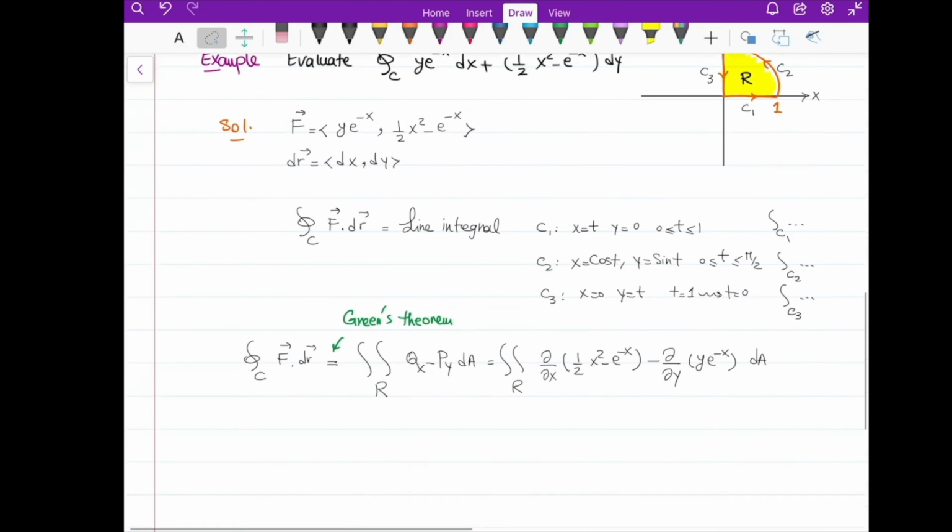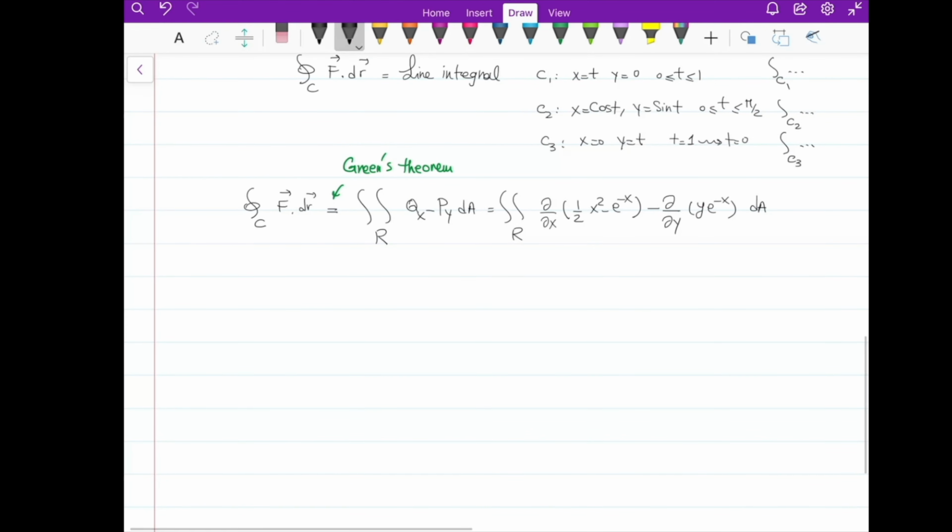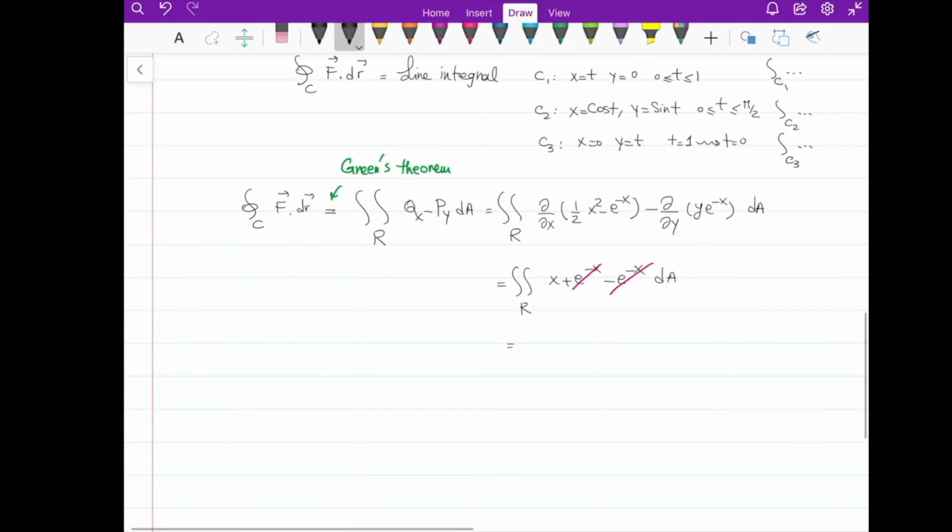Okay, so now let me calculate that. Double integral over R. Derivative of that with respect to x would be x plus e to the negative x, minus the derivative of this part with respect to y, which is e to the negative x, dA. So these two would be cancelled. I get the double integral over R of x dA.